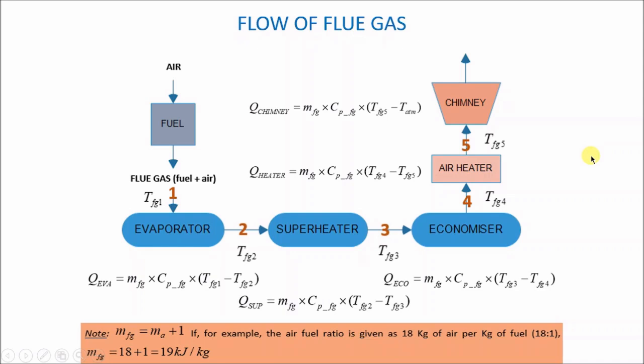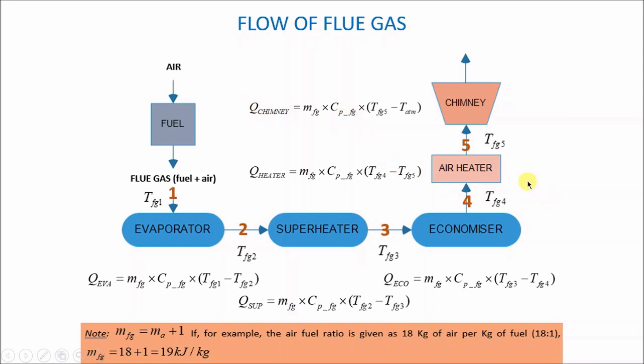Now, in some of the questions you may not have a chimney, for instance, but you may have an air heater. If that's the case, then of course you will limit yourself to the heat absorbed by the air heater. You will not have an equation for the chimney.